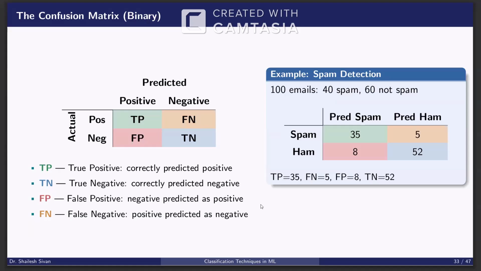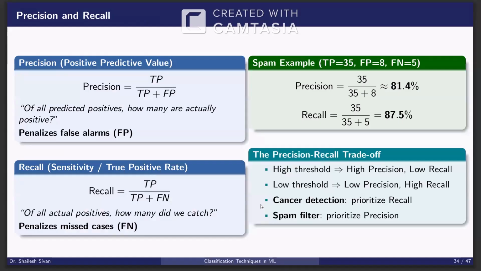If you consider ham as positive, you can do that. Here spam is the positive class, since it is spam detection. And if it is a ham detection problem, then ham can be considered as positive.